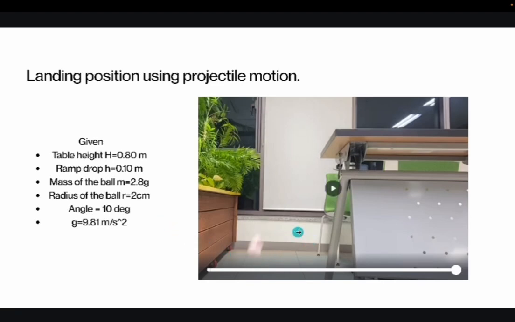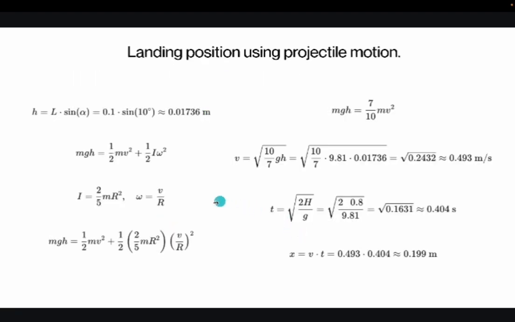Before analyzing the experimental data, we calculated the theoretical landing distance using just projectile motion. The launch velocity of the ball was determined using conservation of energy, and for a solid sphere, this equation for inertia was used. And because the ball rolls without slipping, this formula was used.